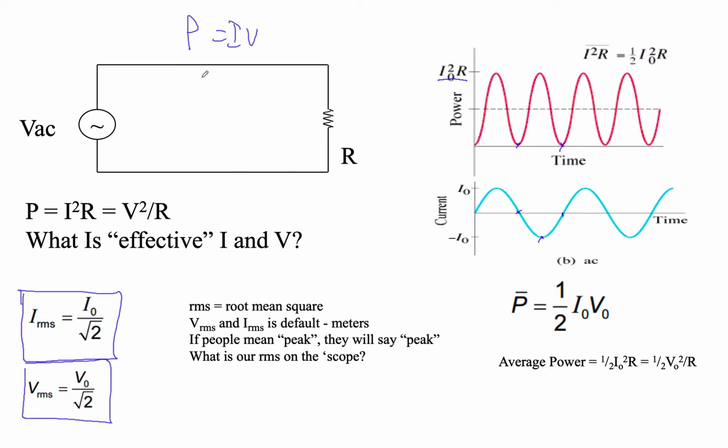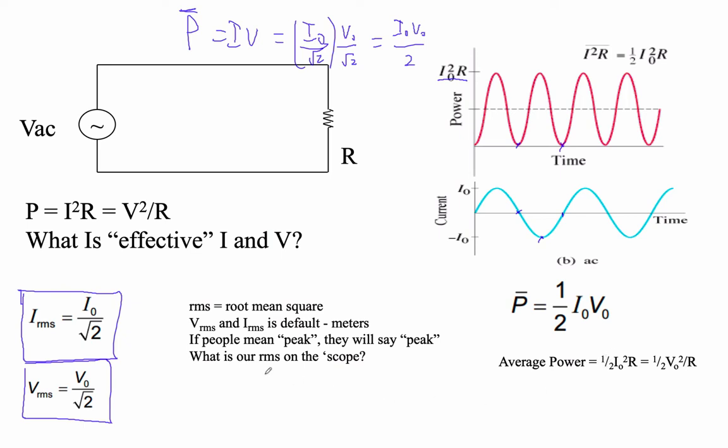If I figure out the power using this, and I multiply those together, I get I naught over square root of 2 times V naught, the peak voltage, over the square root of 2. Well, lo and behold, you get I naught V naught over 2, which is exactly what we know: the average power is 1/2 the peak power.